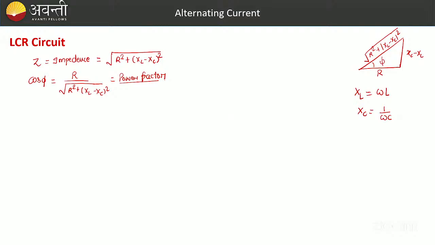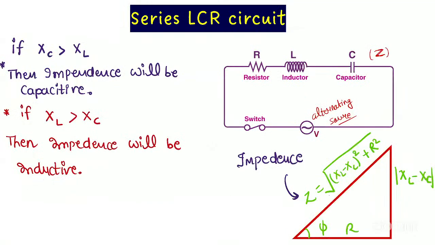So the condition that we are discussing here is this: if XC is greater than XL, then definitely the impedance will be capacitive, because the circuit will behave as a capacitive circuit. Why? Because if XC is greater than XL, the value of the capacitor is being increased, which means the circuit will behave as a pure capacitive circuit.